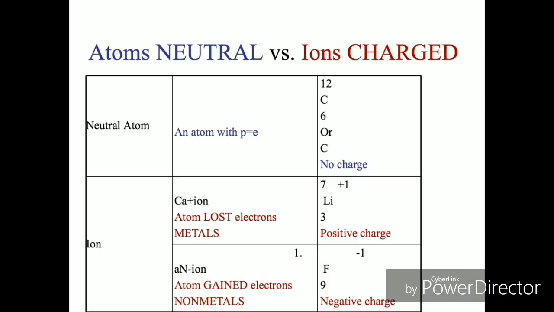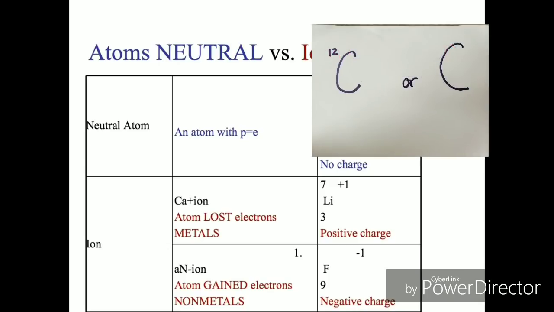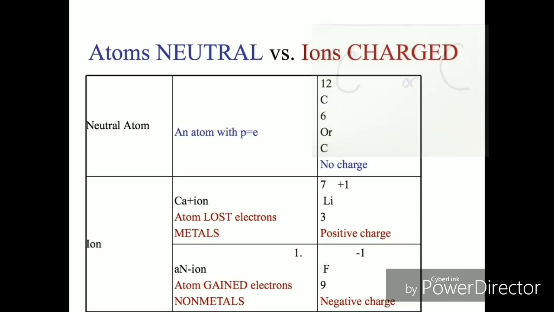When atoms have no charge, no charge will be indicated in the upper right-hand corner of our element symbol. When atoms undergo charges, the charge of their ions will be placed in the upper right-hand corner. Here we have an ion with a charge of +1 and -1. The number 1 is not always written. Sometimes it is just a plus or a minus.